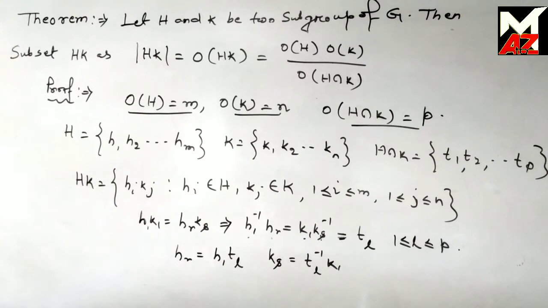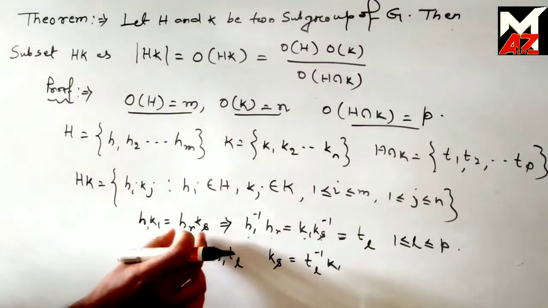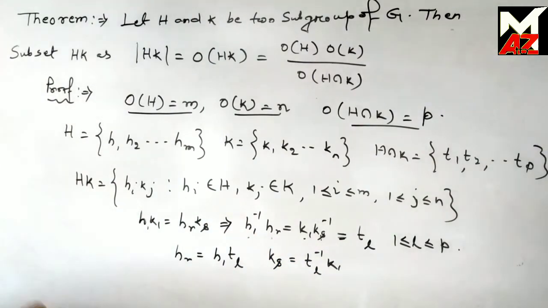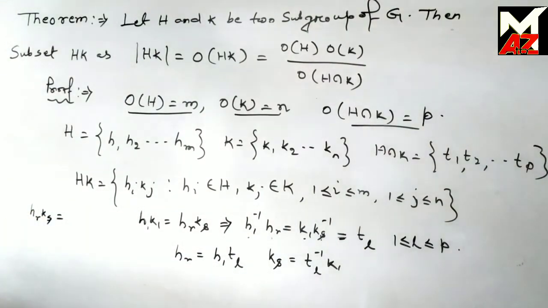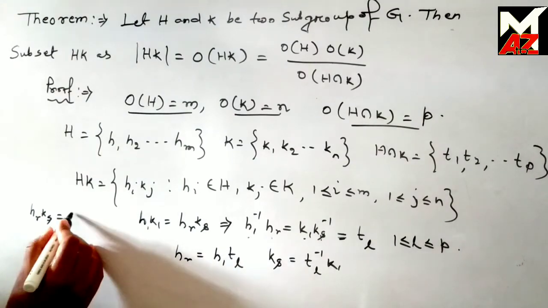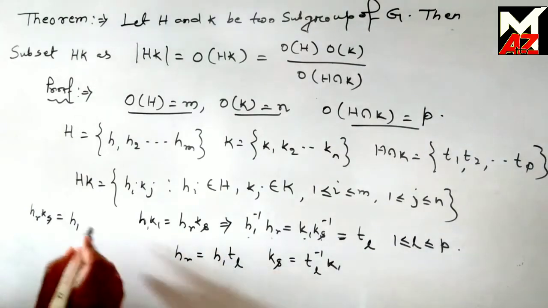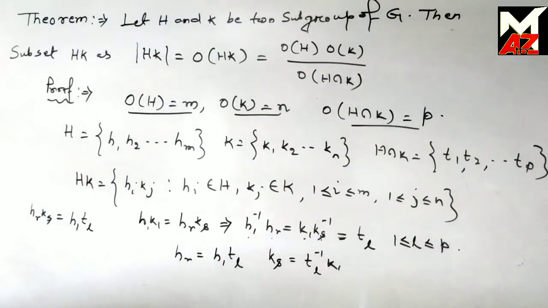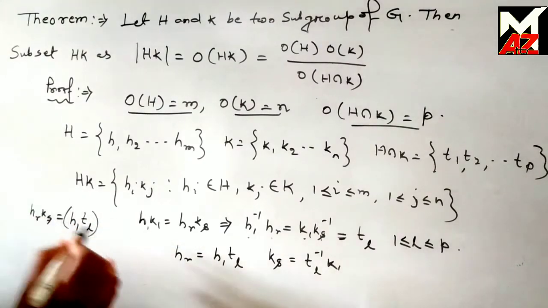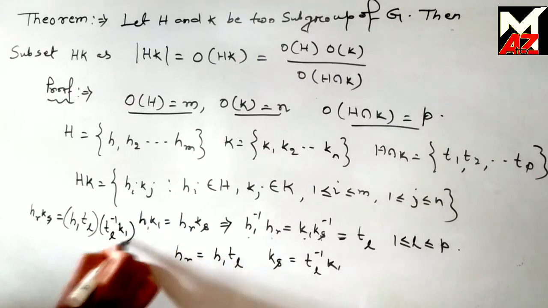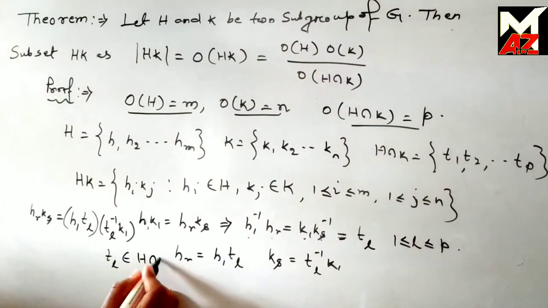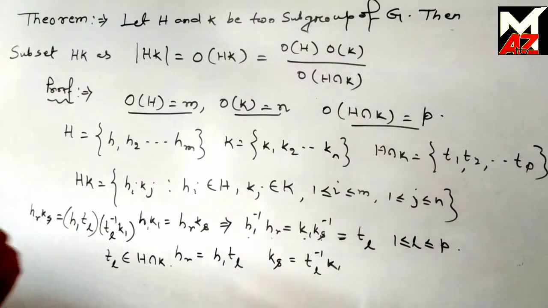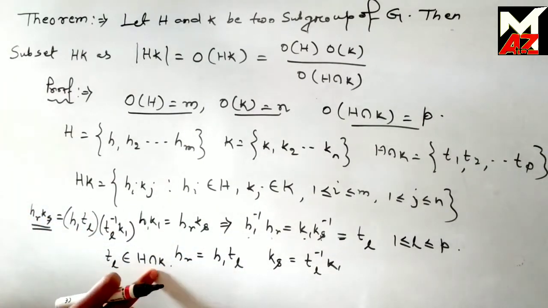That is, we say that any element hr into ks can be written as h1 into tl into tl inverse into k1, where tl belongs to H intersection K. So hr into ks can be written in this form, where tl belongs to this.